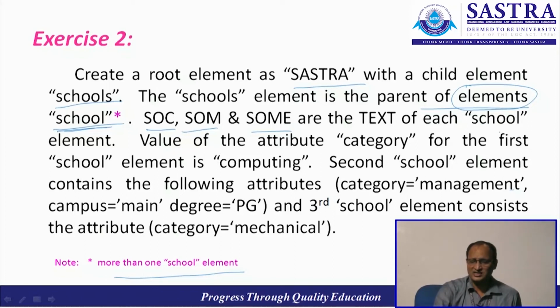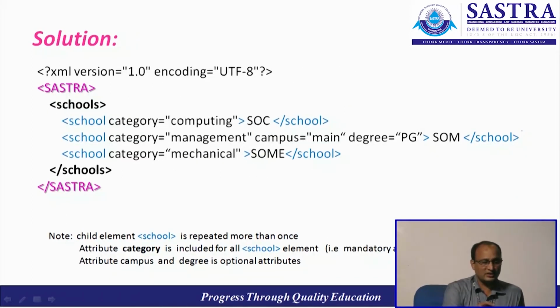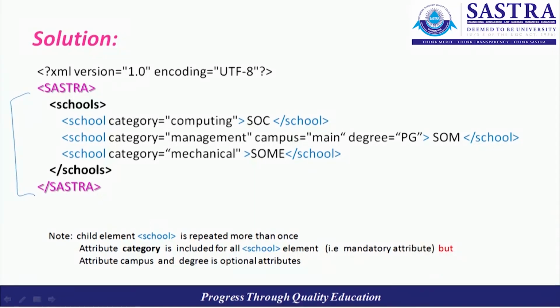These are the text of the respective school elements. So, how have I created this? Go through this. This is Shastra as a root tag, which has schools, which has school 1, school 2, school 3. The same element has been repeated.